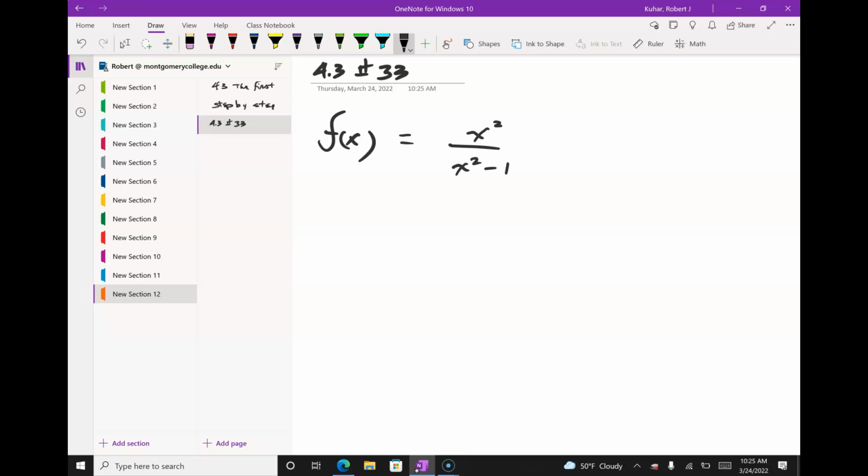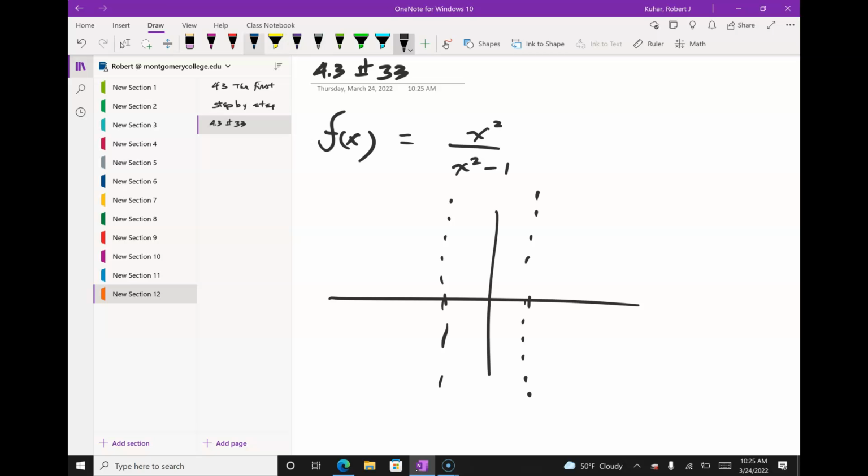You can already see a couple of things from pre-cal, right? That we have vertical asymptotes at plus and minus 1, and a horizontal asymptote where? At 1, good. You can also see I have 0, 0 as a point, right? And so I pretty much can guess that the graph looks like this.